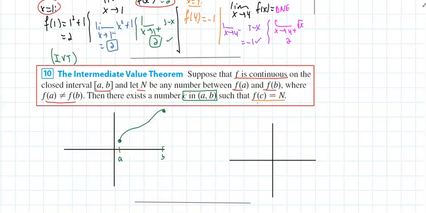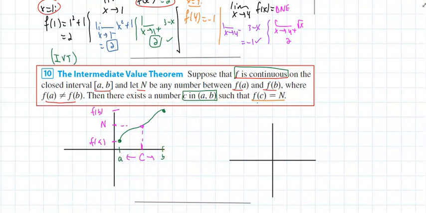Something like that. They're saying if f is continuous, that's the condition, and there is a y value. The y value is between f of A and f of B. And this y value, they call it n. They say, if you trace it, guess what? The x that you choose will be between A and B.